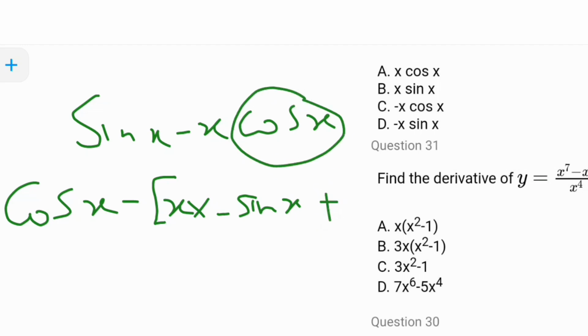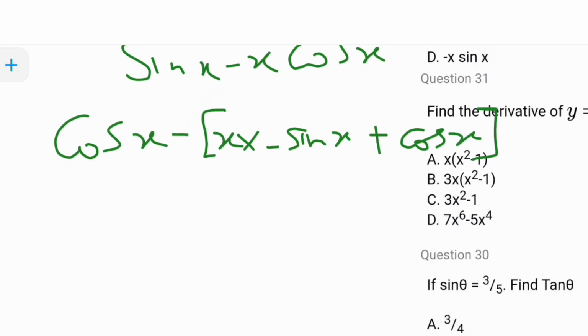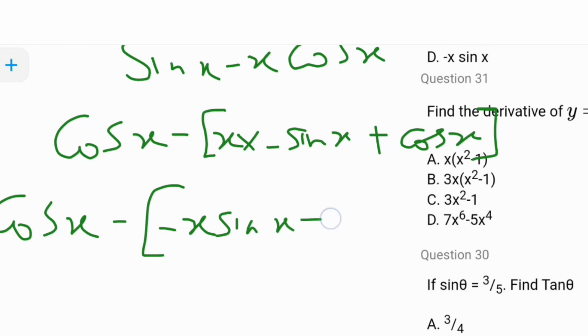Second one is cos x. Then differentiate x, you're going to get 1. So cos x times 1 will give you cos x. So you can just end it there. So bring everything out. This will give you cos x minus x sine x plus cos x.